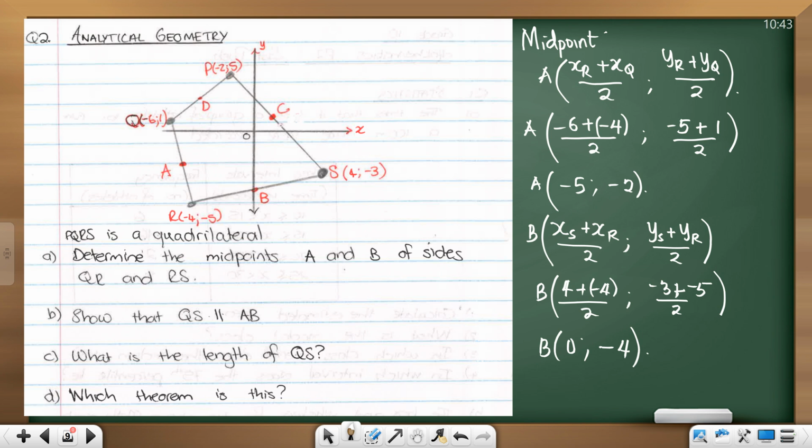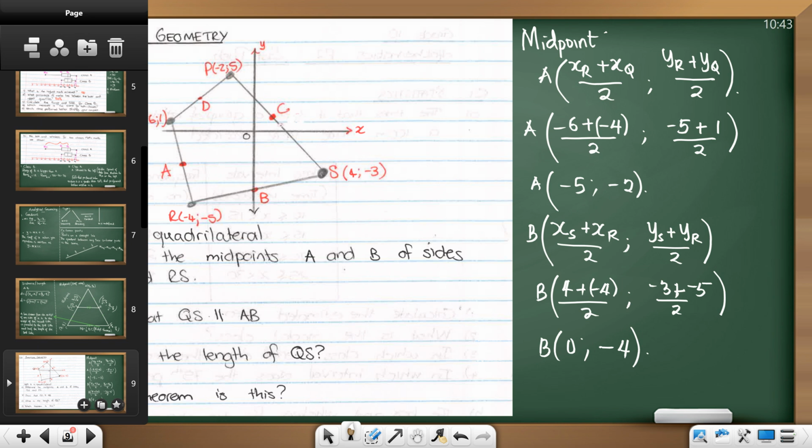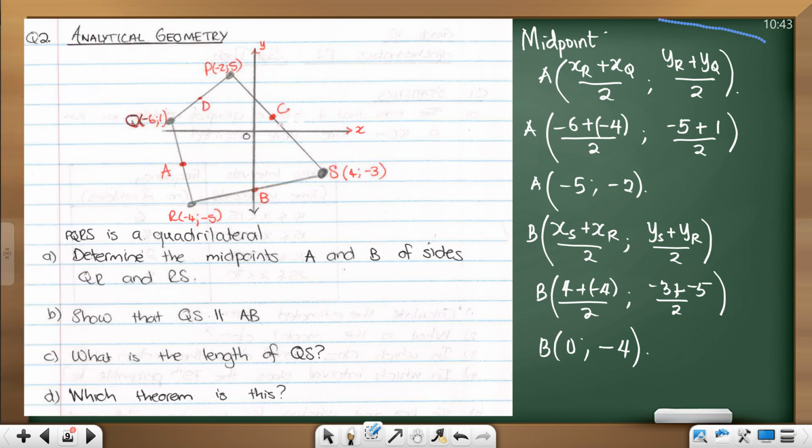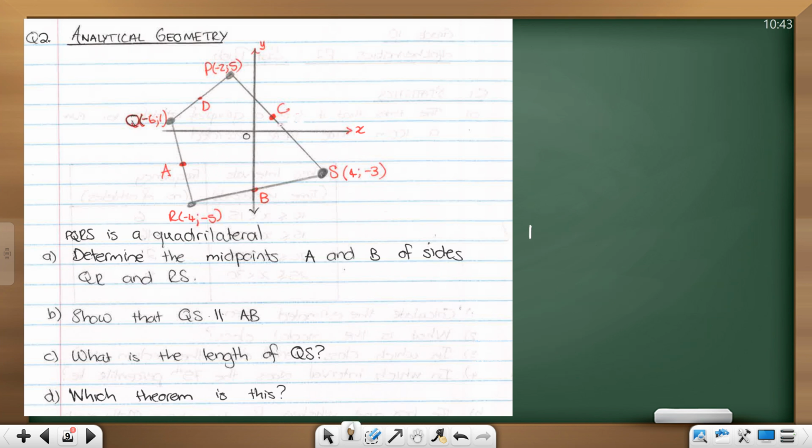Done? I want the gradient. I just want to check something quickly with you guys. What are we looking for again? Gradient and equation of QR.